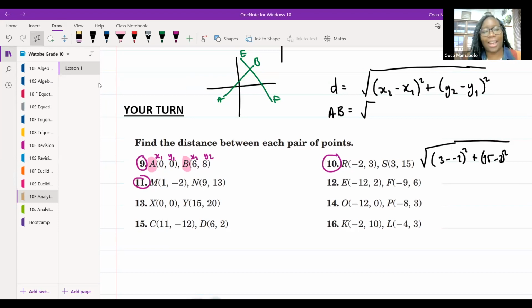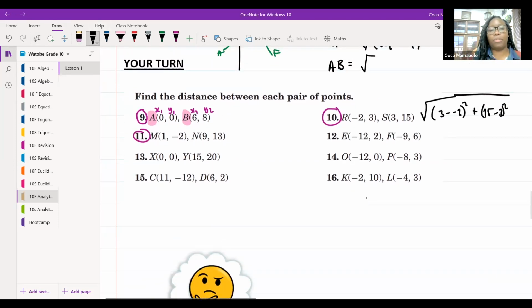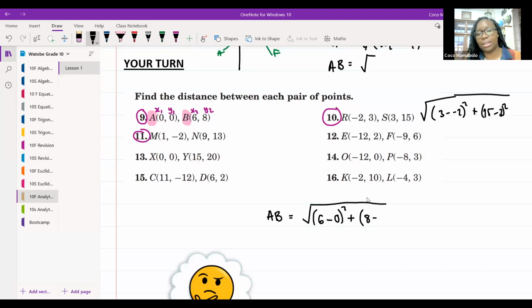Okay, that's okay, Atlehan. That's okay. All right, let's look at these answers very quickly. Okay, so for number 9, I know that AB is equal to, and I'm going to open my square root sign like that. And then I'm going to go onto my calculator and take my x2, which is 6, minus my x1, which is 0, all squared, plus y2, which is 8, minus y1, which is 0, all squared.